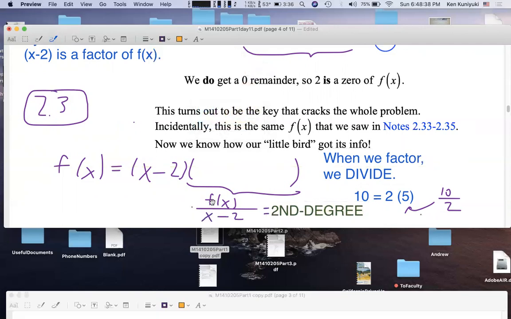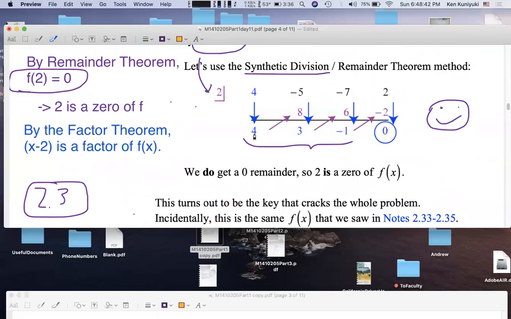A third degree, in this case, divided by a first degree, is second degree. So the leading coefficient 4 here is going to lead to 4x squared. It's going to be a second degree factor. Plus 3x minus 1. There's a zero remainder.